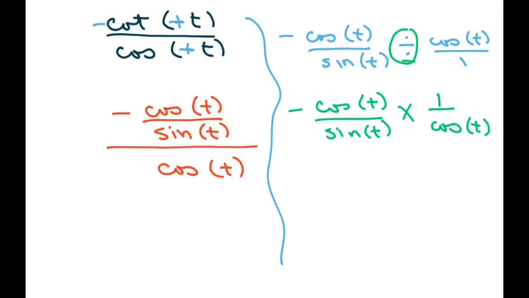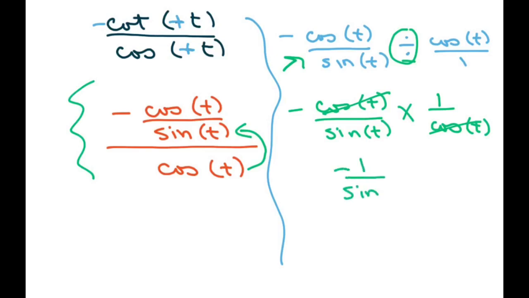So basically when you see something like this, you can just pull it up here because of the elementary school way of doing that. What happens is the cosines cancel, and we get negative 1 over sine of t, or you can write that as negative cosecant of t.